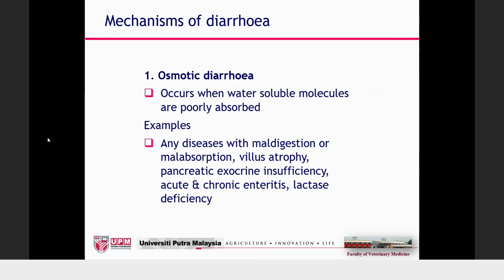At the same time, during that period, there is poor reabsorption of the fluid. As a result, the excessive fluid in the intestinal lumen leads to diarrhea. Other causes include pancreatic insufficiency, acute and chronic enteritis, and lactase deficiency. Lactase deficiency has something to do with taking fresh milk.